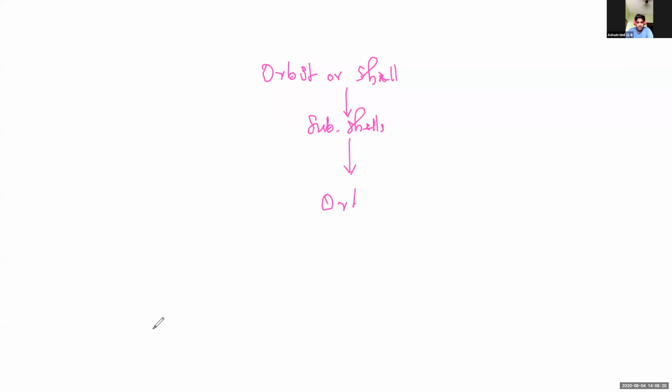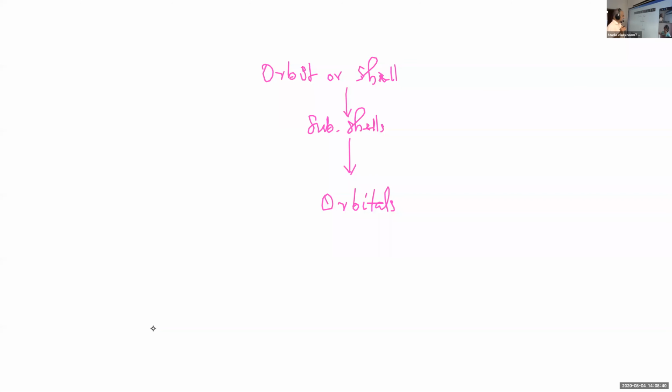Orbitals and subshells. First, the orbit or shell is divided into subshells.